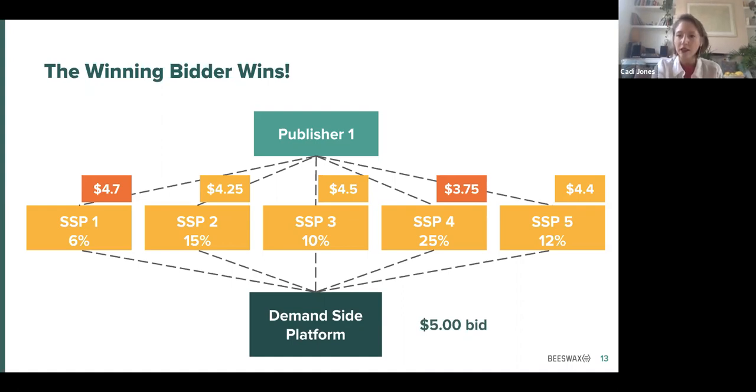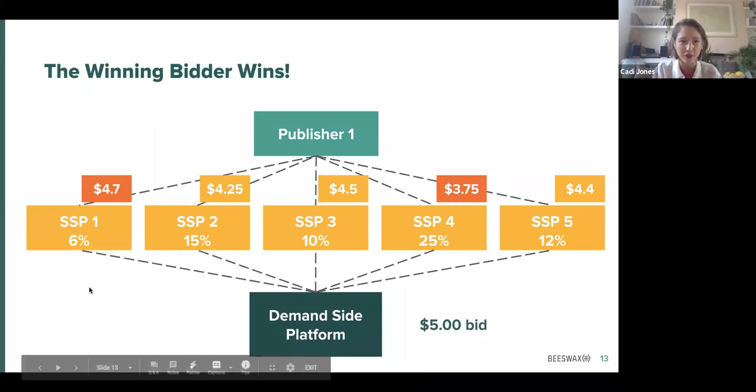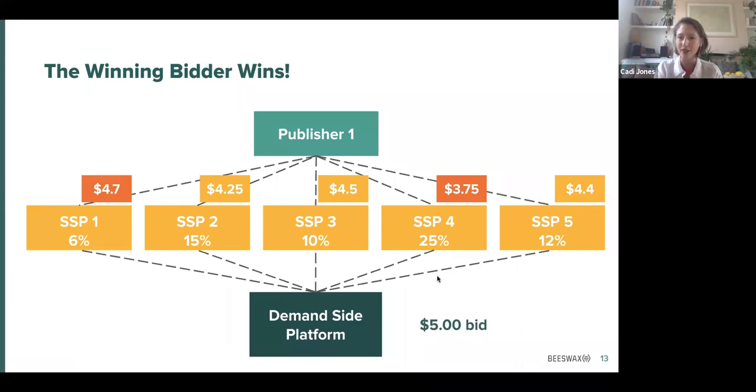In that scenario, let's say a user has just landed on this publisher website and you really want to access this piece of inventory, whether it's the publisher or the user that's important doesn't really matter. They're on your whitelist and you really want to bid for that impression. In this scenario, you can see the bid request from each of the 5 SSPs coming through.